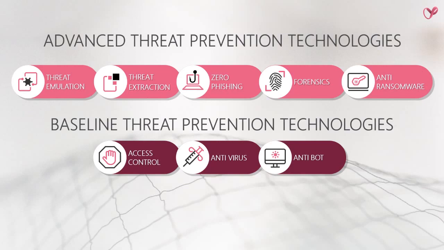Antivirus and antibot are based on signature-based mechanisms. As you know, antivirus is signature based, and antibot sometimes checks against the threat intelligence cloud, but mostly it is signature based. And advanced threat protection technologies never use signatures; everything is done using runtime mechanisms, dynamic analysis, and behavior analysis only. So that's it.